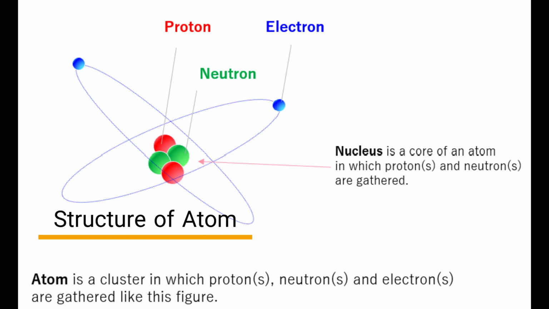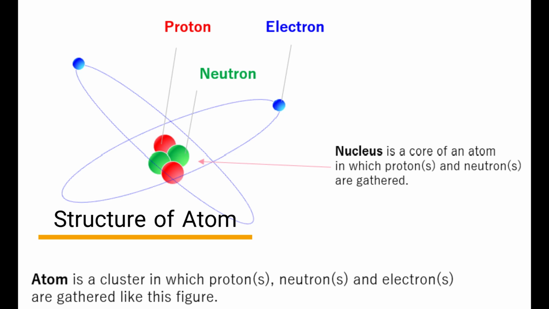Everything around us, and even ourselves, are made up of very small particles called atoms. About 120 types of atoms have been found, and all things are made up of their combinations.